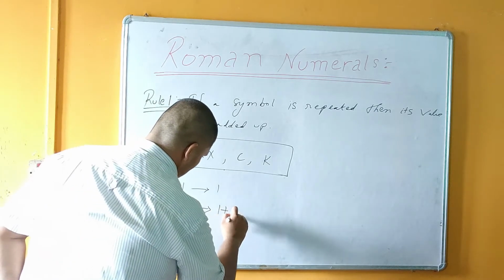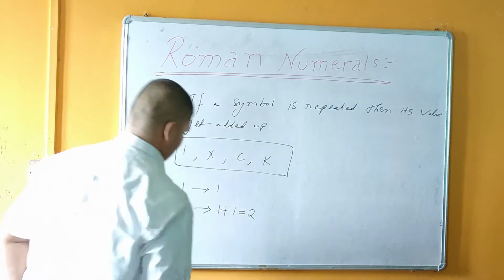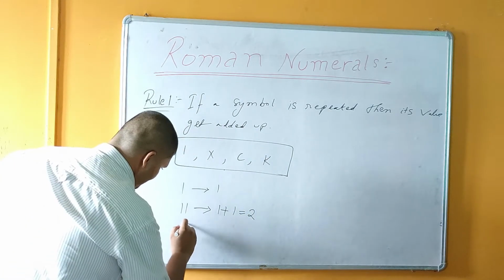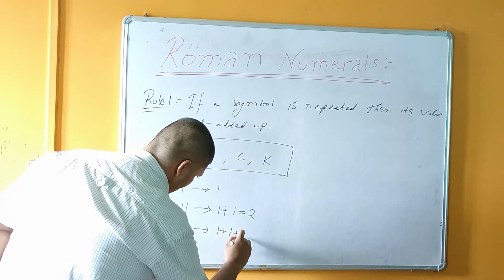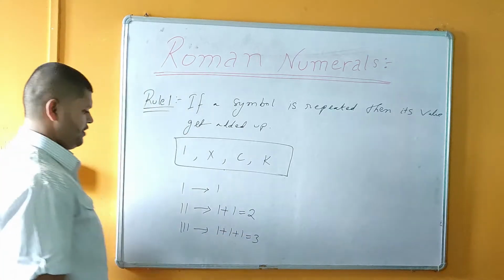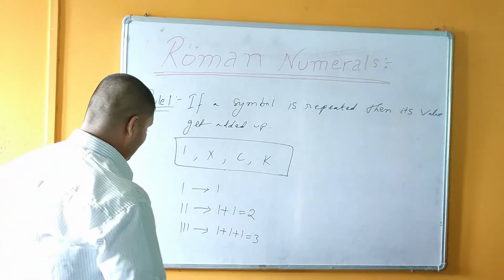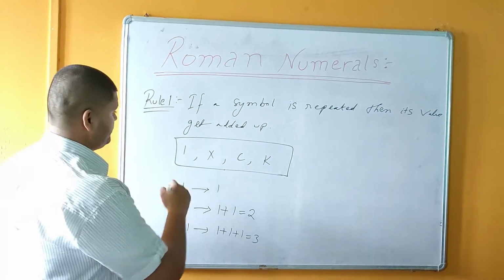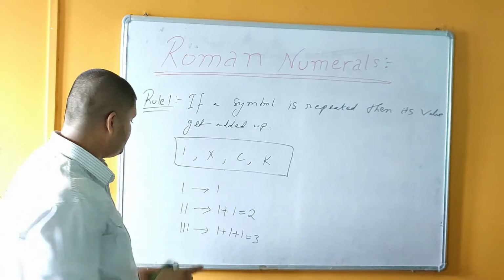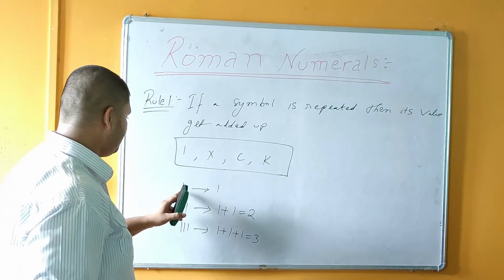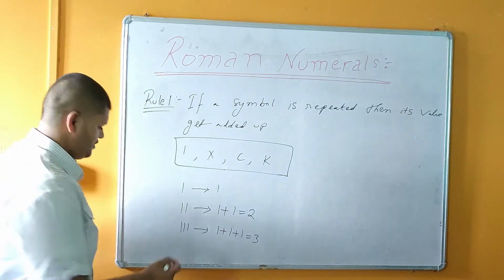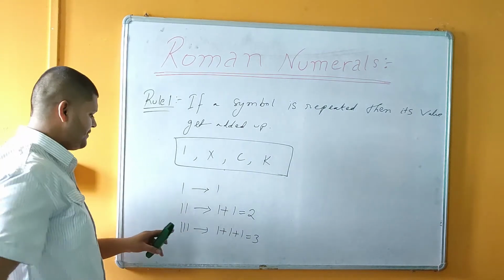It is 1 plus 1, which is nothing but 2. Repeating I 3 times, it will be 1 plus 1 plus 1. It will give 3. Now you might be thinking that I will repeat this I 4 times. It will be wrong, because the maximum number of times a symbol can be repeated is thrice. You can repeat this I a maximum of 3 times.